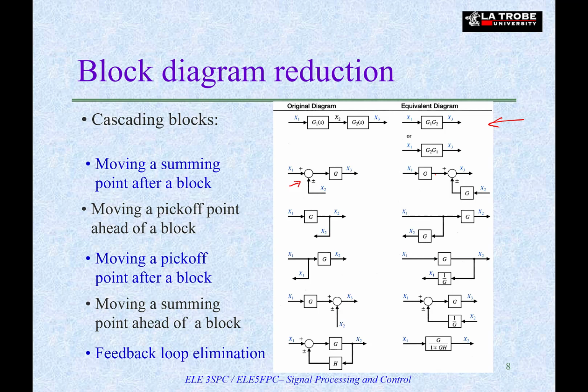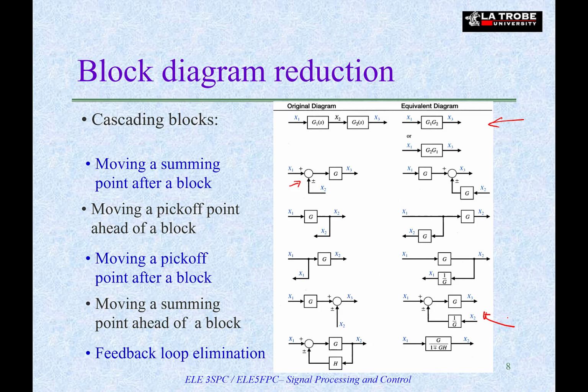To prove what I just said, that the transfer function before and after block diagram reduction should remain unchanged, I'll randomly pick a reduction method and show you why it is the case. Let's just use this one.